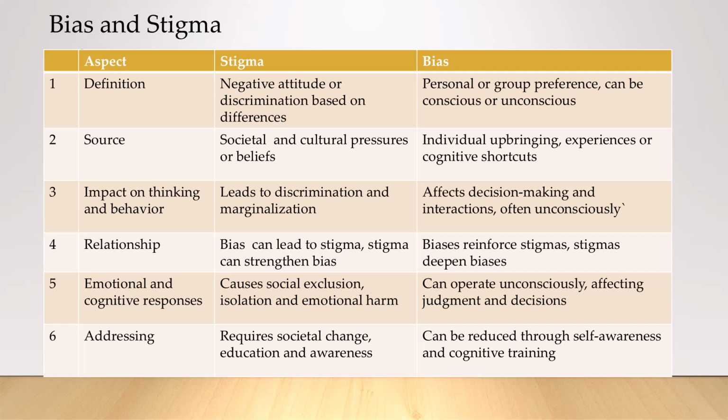Both can lead to unfair treatment and marginalization, but they originate from different sources and impact our thinking and behavior in unique ways. For example, a person might have a bias against a particular group due to stereotypes they learned growing up, while stigma might cause them to actively discriminate against that group in social or professional settings.